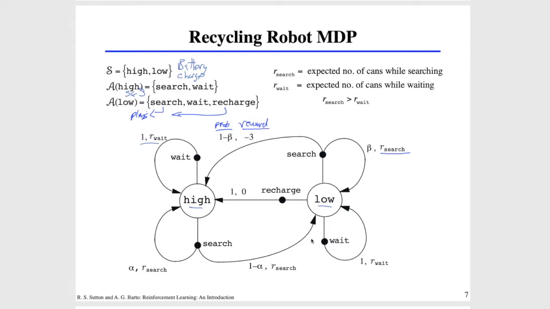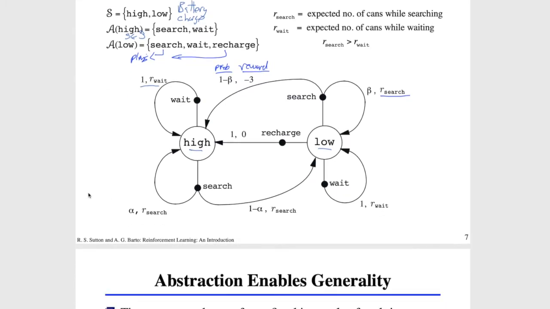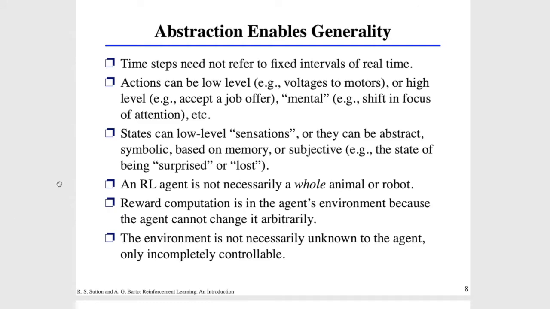That seems odd. This makes sense, right? Wait is deterministic, so you stay where you are. I have to go back and read the definition again. I guess there's a possibility that while you're searching for cans, you accidentally hit the recharge station and recharge. But that's how all the states can be described.